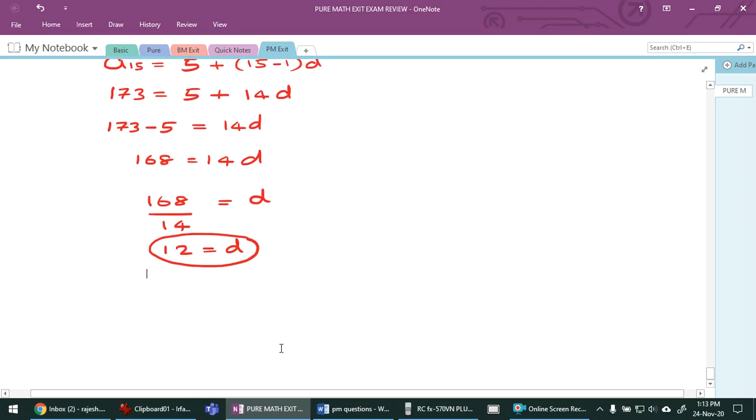Now what we need is S16. S16 means sum of 16 terms. What is the rule for Sn? n by 2 into 2a1 plus n minus 1 into d. This is the rule. So if you want to find S16, you have to put n as 16.